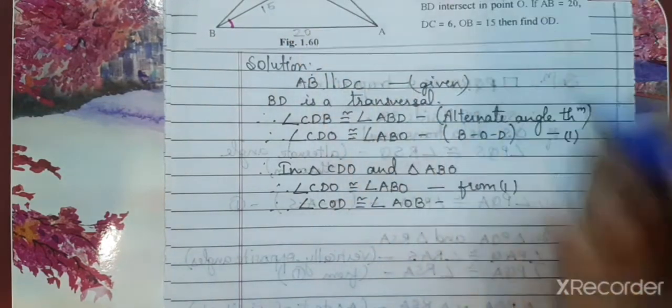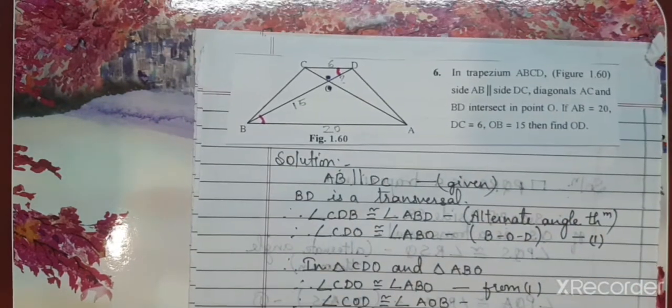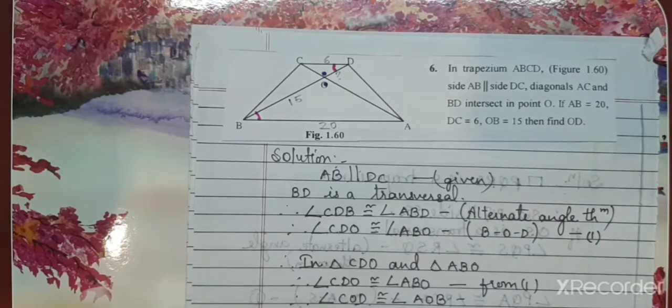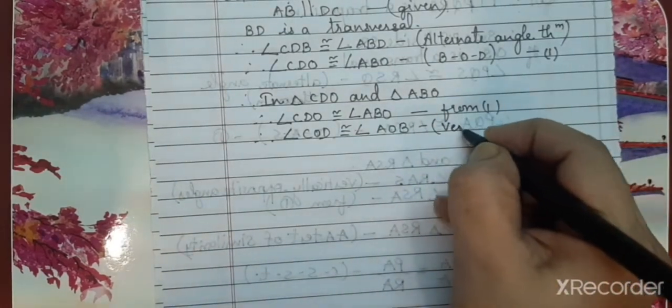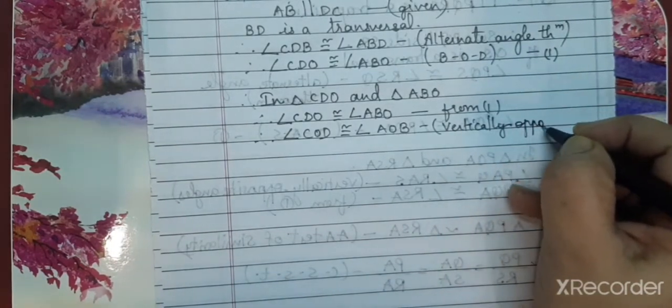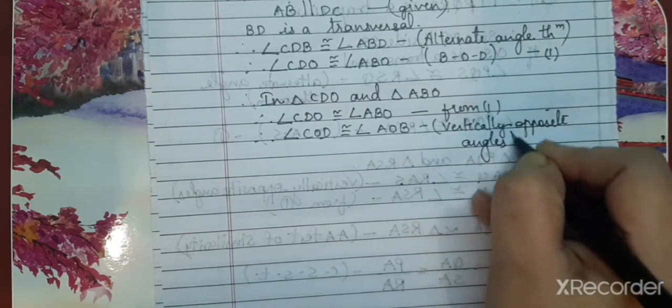These two angles, COD and AOB. Since they are vertically opposite angles, you write the reason here: vertically opposite angles.